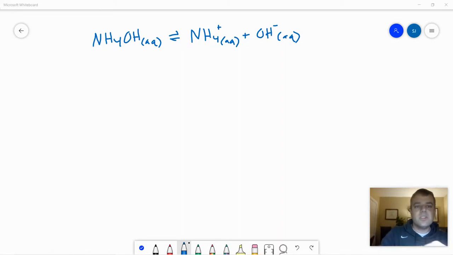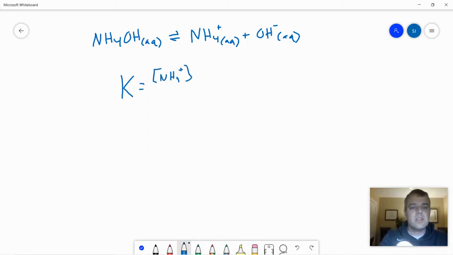Now let's consider one last scenario. If we look at this reaction for the dissociation of ammonium hydroxide, our equilibrium expression would say K equals the concentration of NH4 plus times the concentration of hydroxide divided by the concentration of NH4OH.